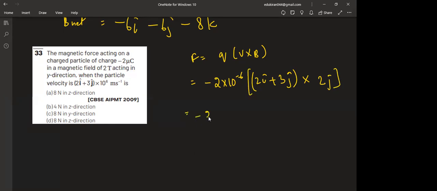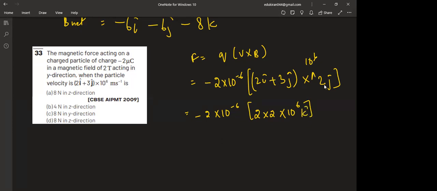So now see, minus 2 into 10 to the power minus 6, this gets multiplied with 2 I cap plus 3 j cap cross 2 j cap. So how much is left? If you cross it, this becomes 2 into 2 into 10 to the power 6, and 10 to the power 6 is also there, into K cap.